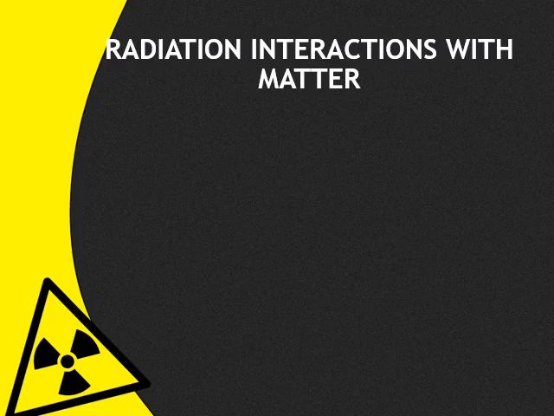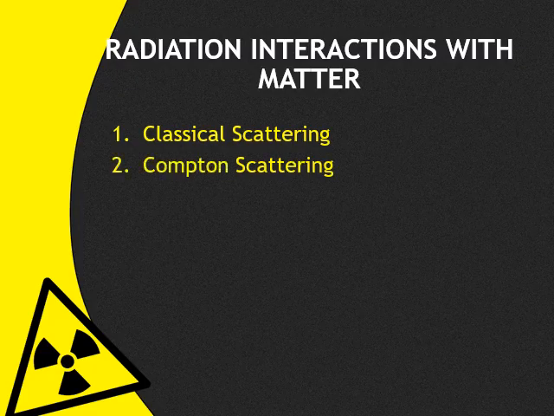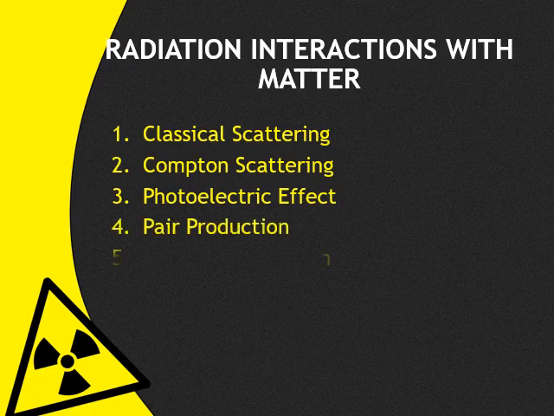So we will discuss today the radiation interactions with matter, and in our field, we are more focused on 5 interactions with matter. These are the classical scattering, the Compton scattering, the photoelectric effect, the pair production, and the photodisintegration.